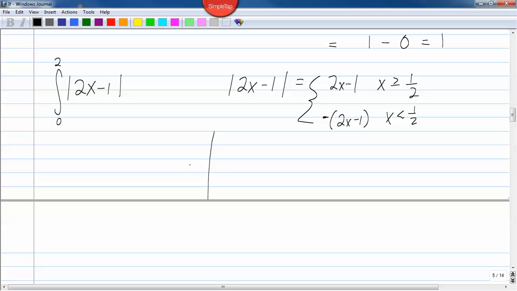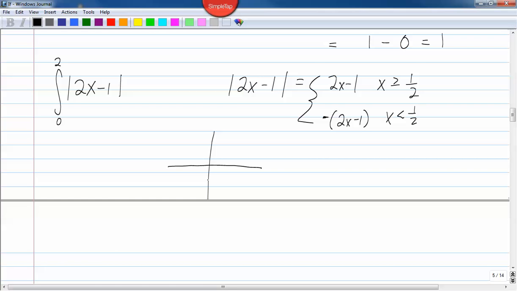Well, if we were to think about the graph, let's graph y equals 2x minus 1 really quick. So y equals 2x minus 1.